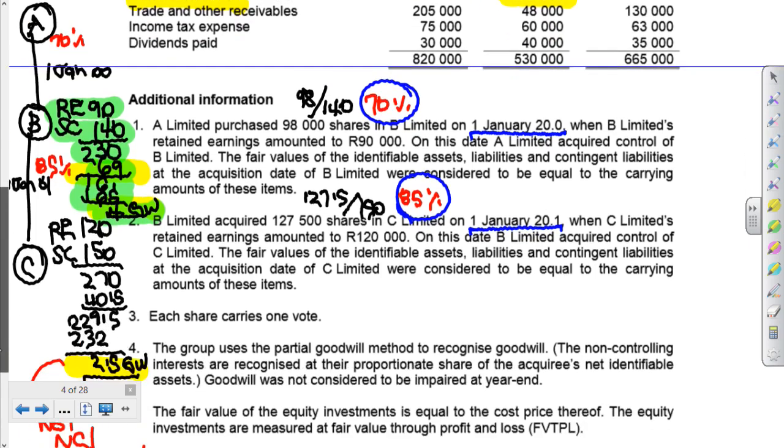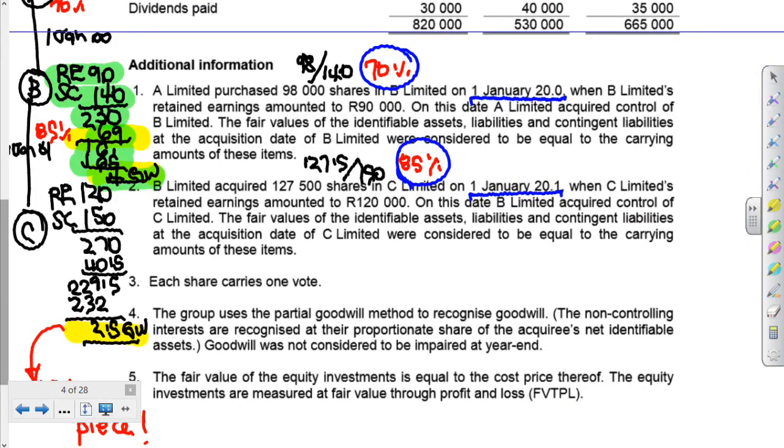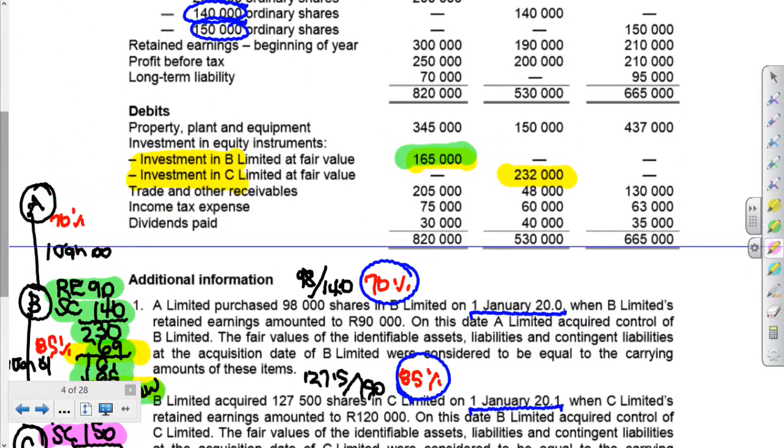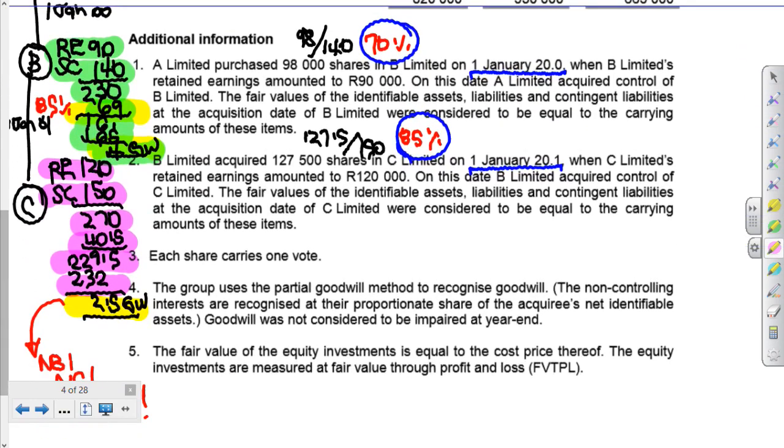So second acquisition entry: share capital of 150, retained earnings of 120, total 270. NCI of 15%, 40.5. We acquired 85%, 229.5, and we paid 232. And we landed up with goodwill of 2.5.